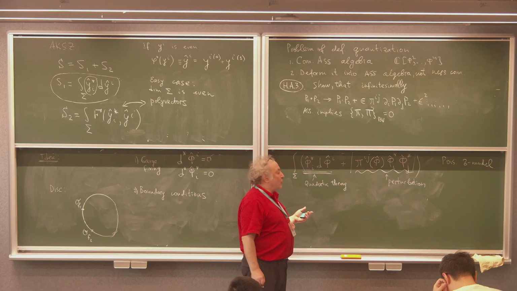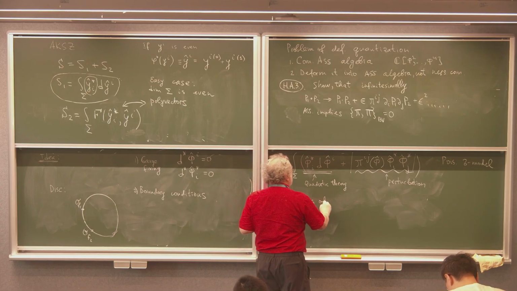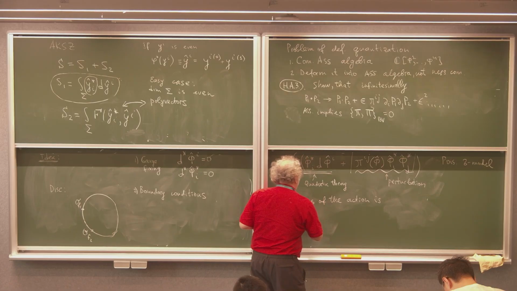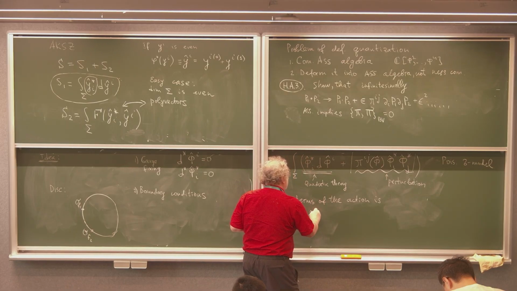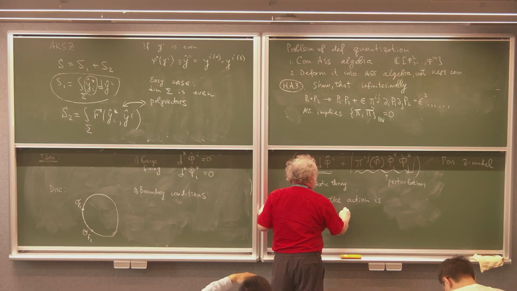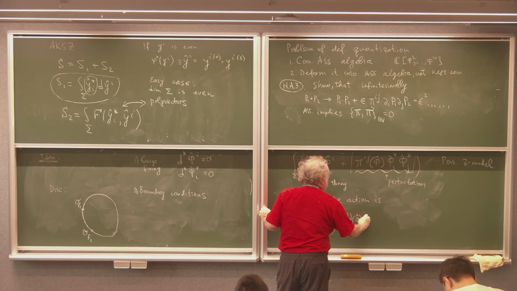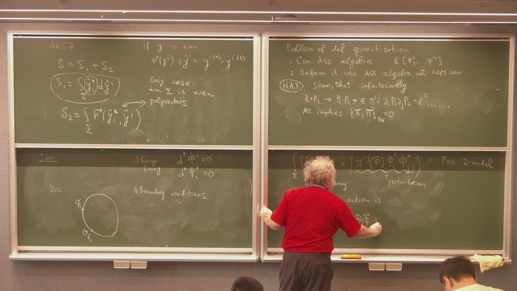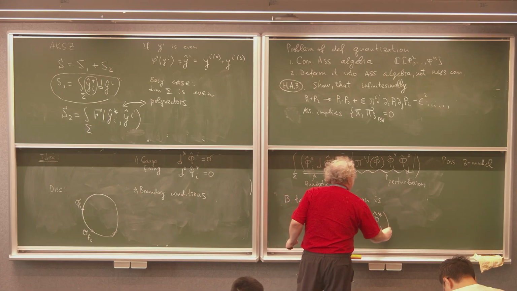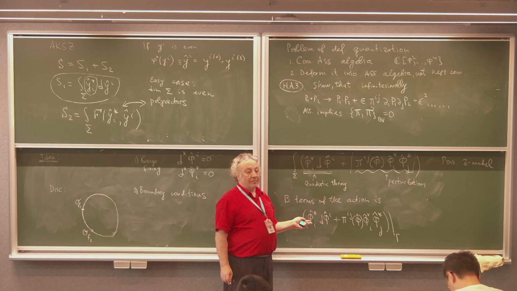So what are the boundary terms of the action? So this is restricted to the boundary. So how do we make it vanish?